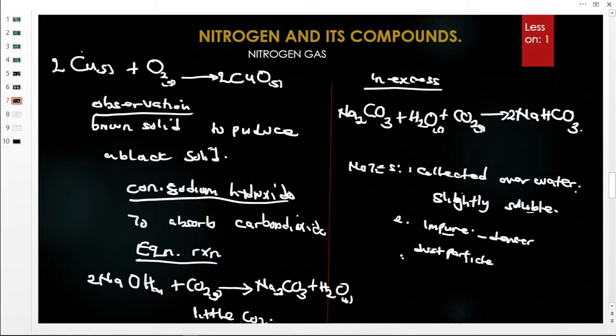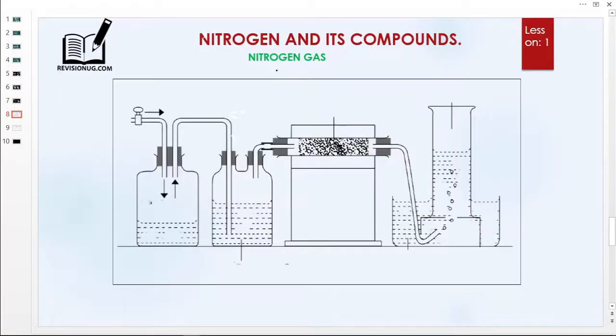Then again, it contains rare gases, mainly argon, and this argon cannot be removed from this nitrogen. Why? This gas is inert. They don't react with anything, so they are inert. That's why it is difficult for us to separate argon, which is part of air, from the nitrogen we have collected.